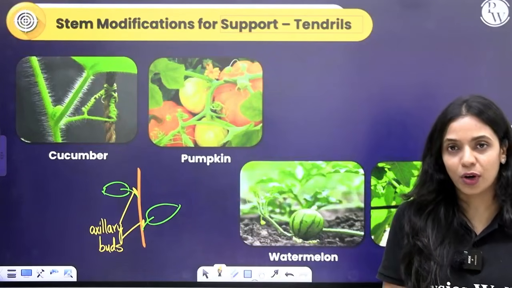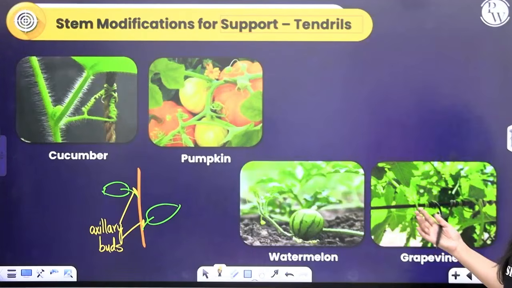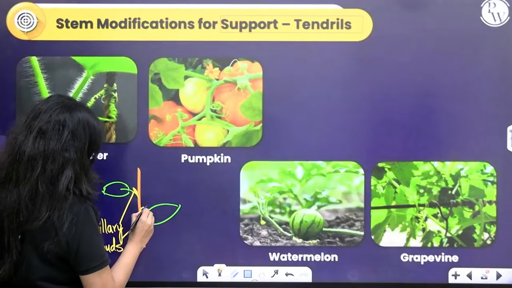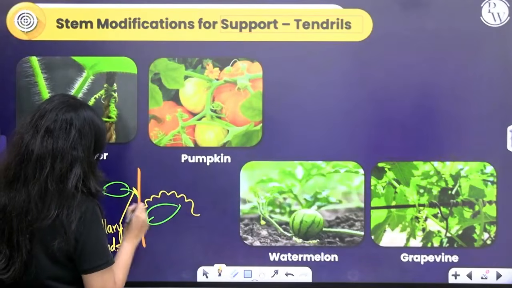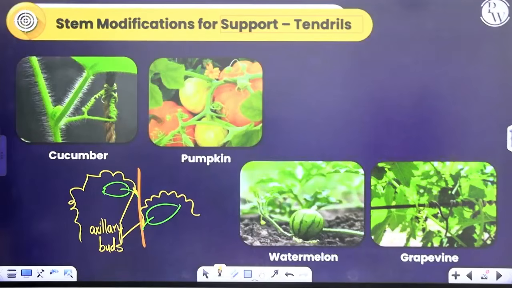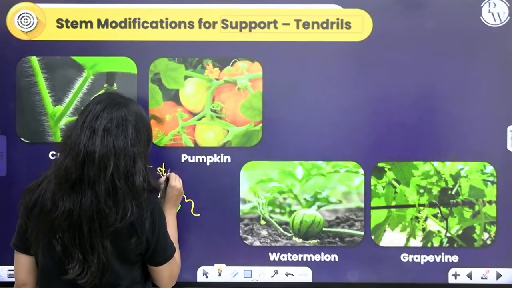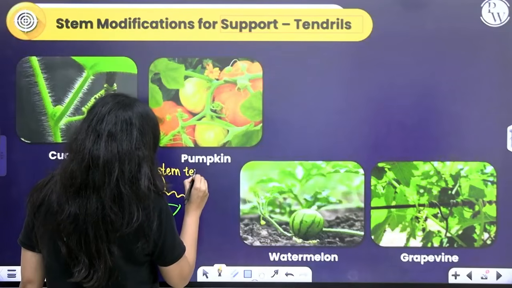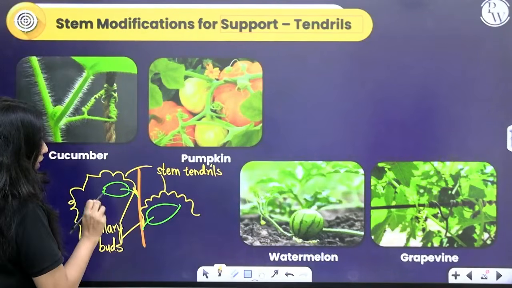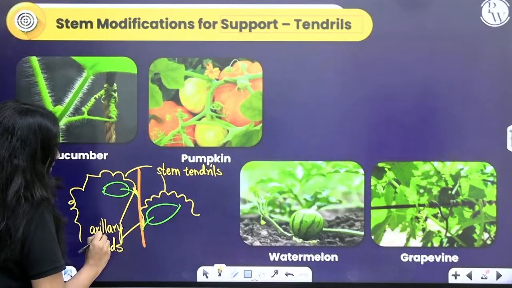So in stem modification that we see in cucumber, pumpkin, watermelon, grapevine, this axillary bud itself will get modified to form thin structures like this, which can help in climbing. So these are called stem tendrils. Though you see them arising from the axil of the leaf, we are calling them stem tendrils because it is forming from the axillary bud.